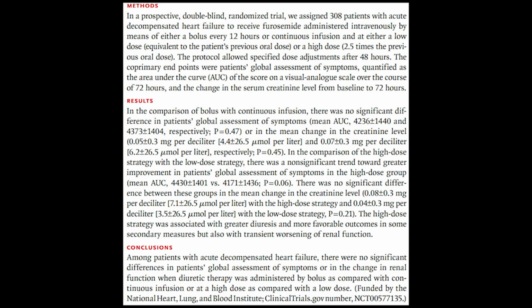What they found is that among patients with acute decompensated heart failure, there was no significant difference in those endpoints. So it's interesting to know that even a continuous infusion, when compared to just bolus infusions, did not yield any significant difference in terms of what they were measuring.